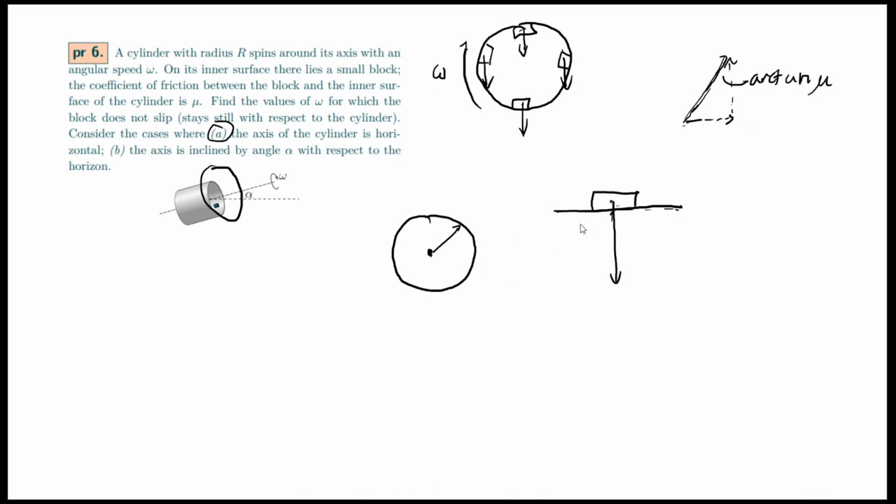So this is the centrifugal force. It's always going to be pointing down because it's always pointing outward. And then the set of the vector sum of the gravitational force and the centrifugal force is like this, because the gravitational force is rotating. And then at each of these points, somehow the friction and normal force have to be this vector here, so that they point and make the net force 0.